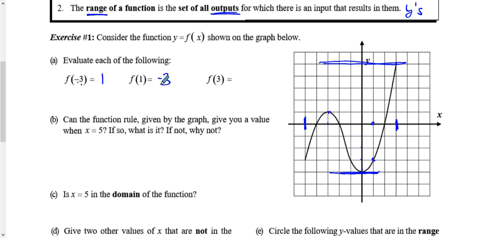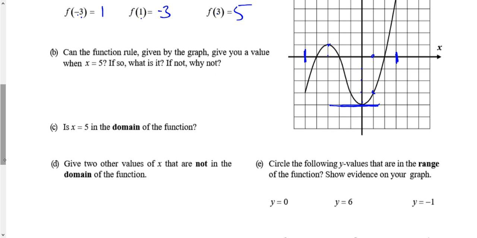Five, right? Might be easier if you look in your book. 3 goes up to 5. So what we did is we entered some possible values of our domain, our inputs, and got out values of our range, the outputs.